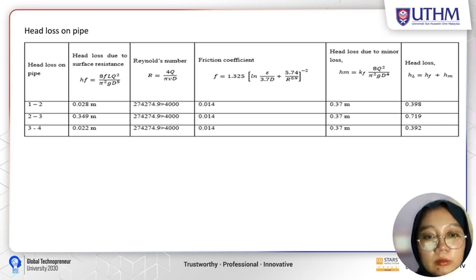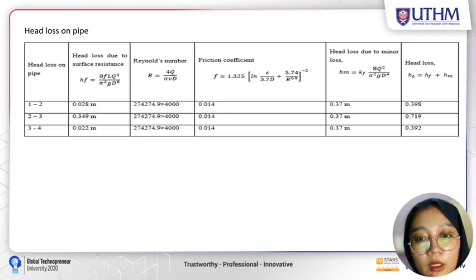The Reynolds number for these 3 pipes is the same, which is 274.9, which is greater than 4000, and the friction coefficient for these pipes is also the same, which is 0.014, and the head loss due to minor loss is the same too, which is 0.37 meter. As for the head loss, pipe 1 to 2 is 0.398, pipe 2 to 3 is 0.719, and pipe 3 to 4 is 0.392.